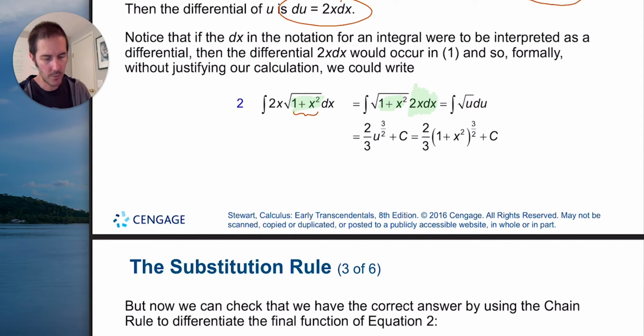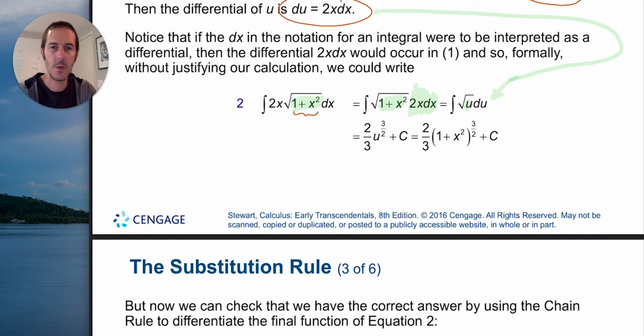And then the substitution is made. We see the square root of u, and then at the end, the 2x dx has been replaced with du. And remember that that is allowed to happen because du equals 2x dx.